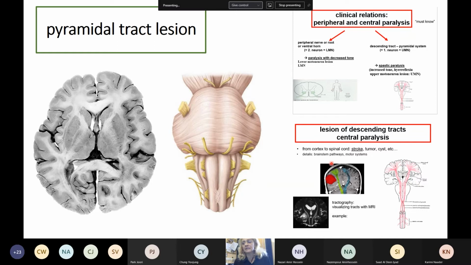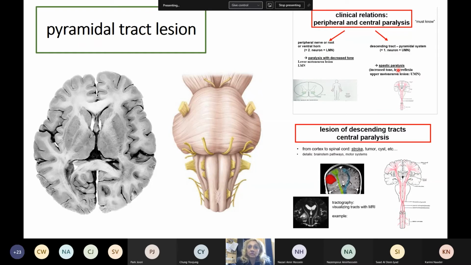These are the pictures from my lecture, and I drew your attention then to that you have to know what peripheral and central paralysis mean. Peripheral is when the motoneuron is damaged. So we have a motoneuron and the outgoing nerve. This is a peripheral lesion, with decreased muscle tone.